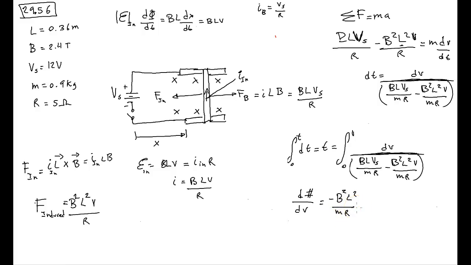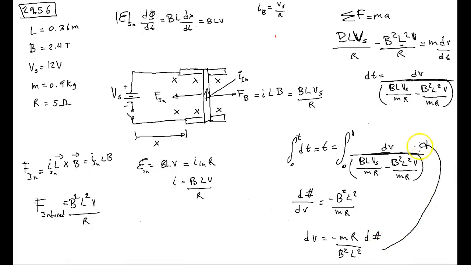Good. So we can take this and plug it in right there, and if we do that, we're going to get negative mR over B squared L squared times the integral of the hashtag over hashtag.